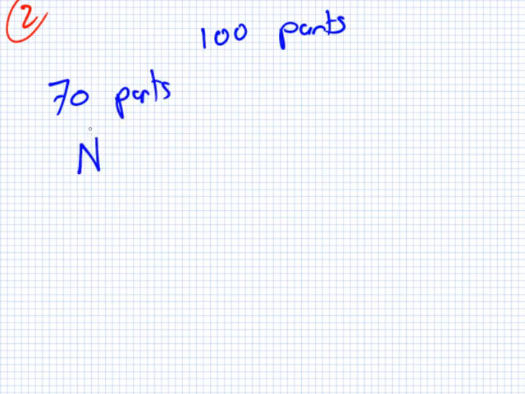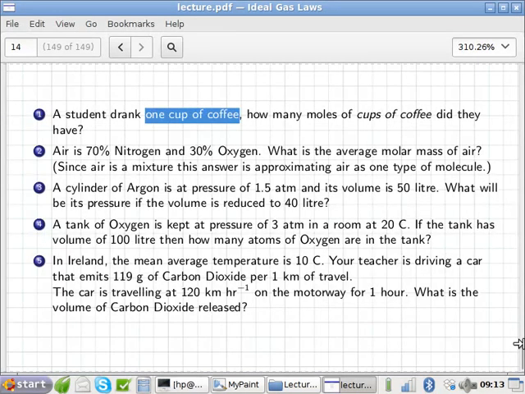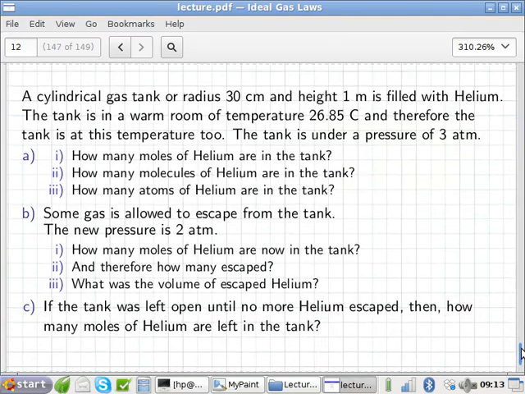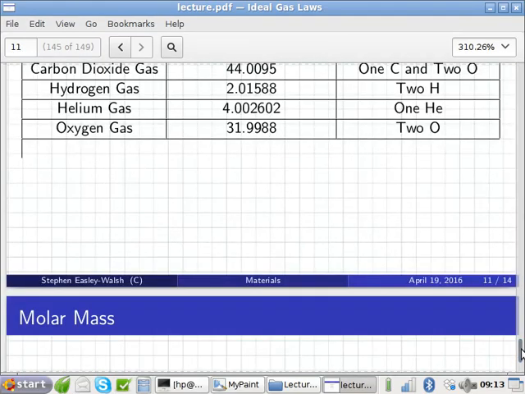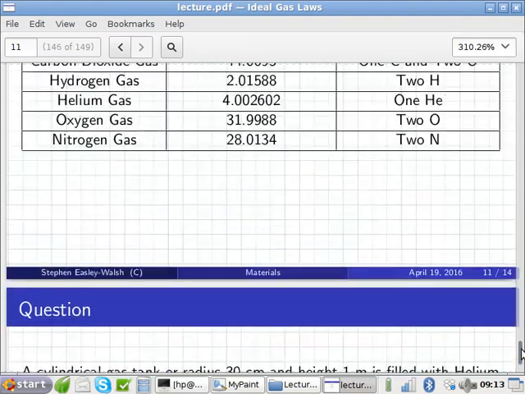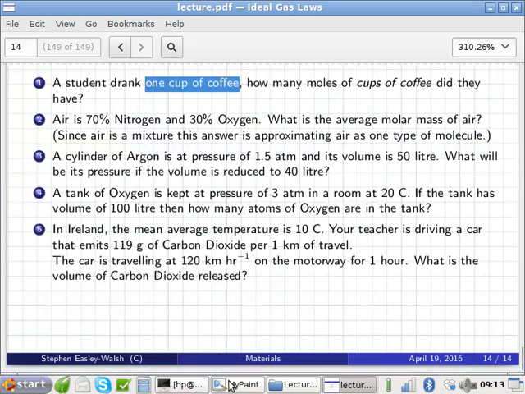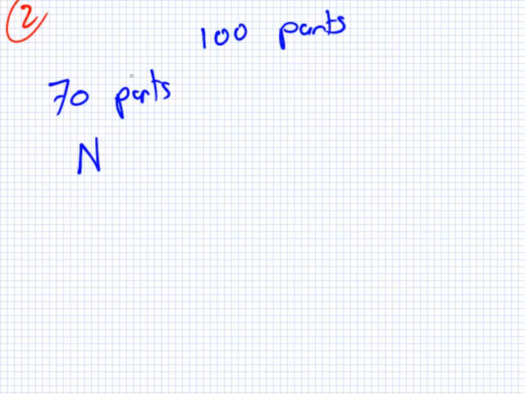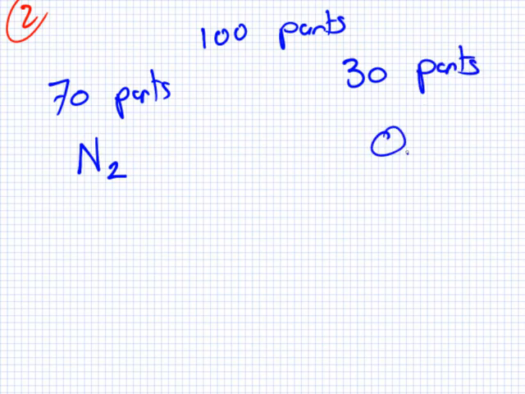Now, is it nitrogen N or N2? N2. We can check here. It is N2, 2 nitrogen, and oxygen is 2 oxygen as well. So there's 70 of these, and then there's 30 of these.